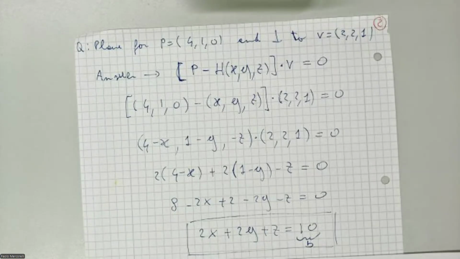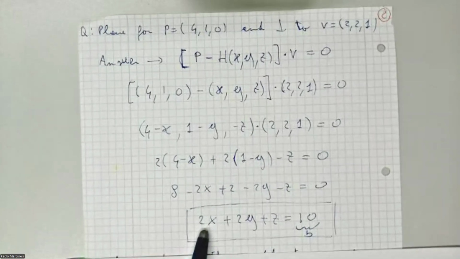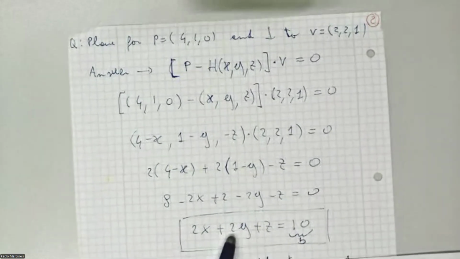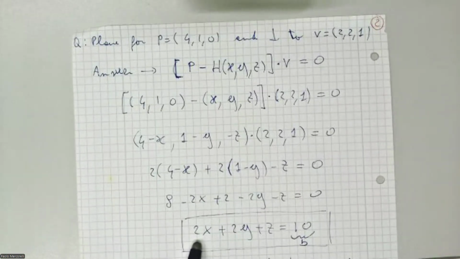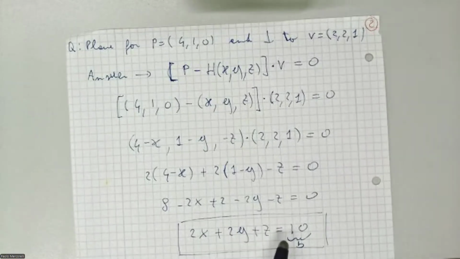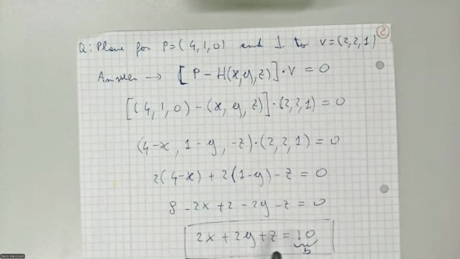I would like to make an observation, then we will do another exercise before discussing everything. Look at these coefficients: 2, 2, 1. 2 multiplies x, 2 multiplies y, 1 multiplies z.